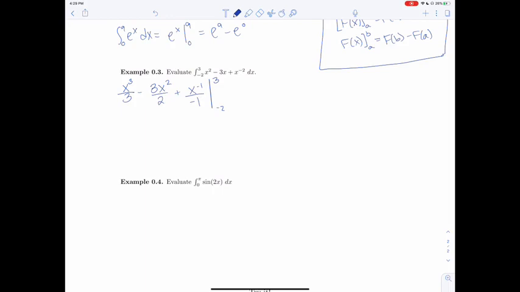Okay, so we'll get the same thing as if we had a different antiderivative, so if we had plus a constant, because we would be adding the constant when we evaluated the function at 3 and then subtracting it when we subtracted the function evaluated at -2. So here we'll have 3 cubed over 3 minus 3 times 3 squared over 2 minus 3 to the -1, minus this entire function evaluated at -2.